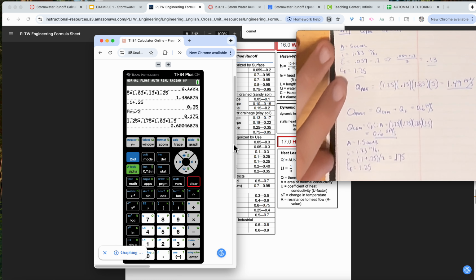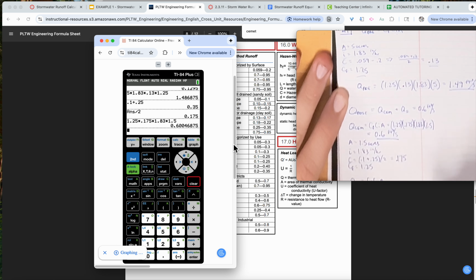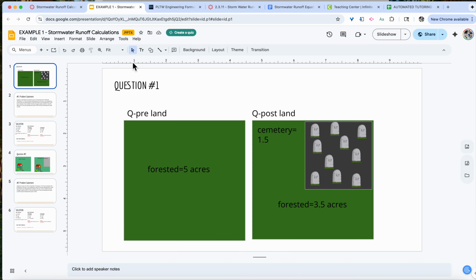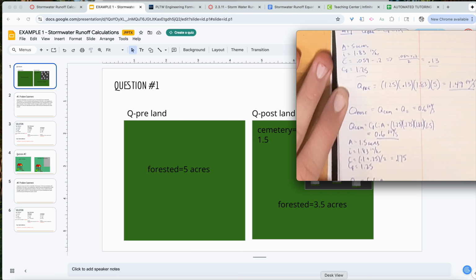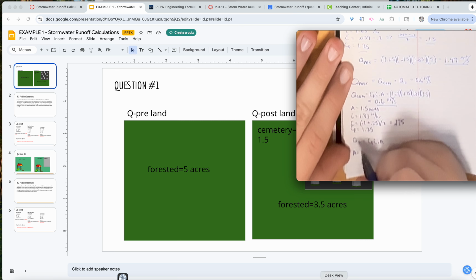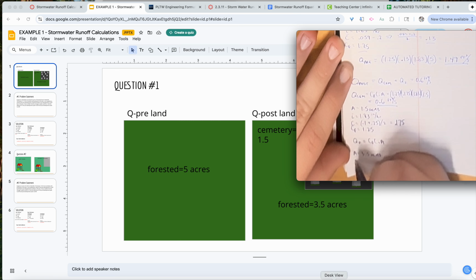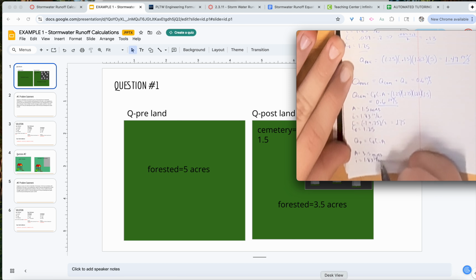Now we've got to find the Q of the farmland. So I'm going to pop it down here. QF equals CFCIA. The only thing that's different here is the area is going to be, instead of initially 5, 3.5 here. So we can write this down, 3.5 acres. Then we've got I, which is remaining consistent, still 1.83 inches per hour.